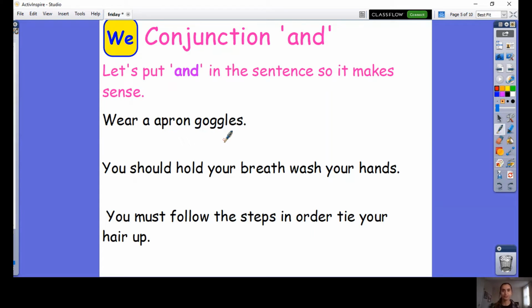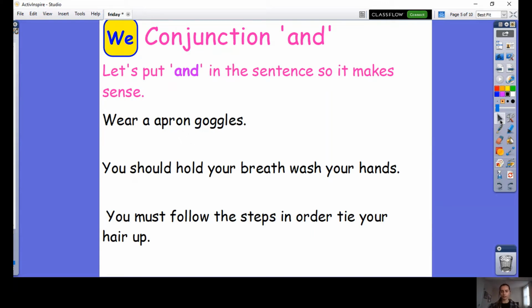Let's go through the answer for the first sentence. Wear a apron, goggles. Here we have two things. We have a apron and we have goggles, and our conjunction and can put those two things together. Where should it go? Can you tell me? Well done.